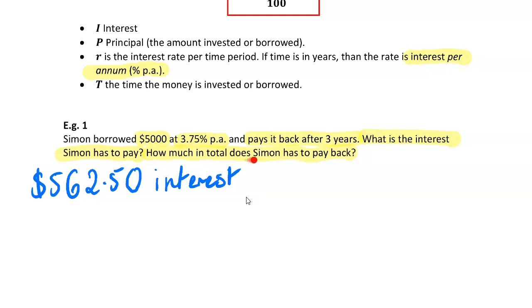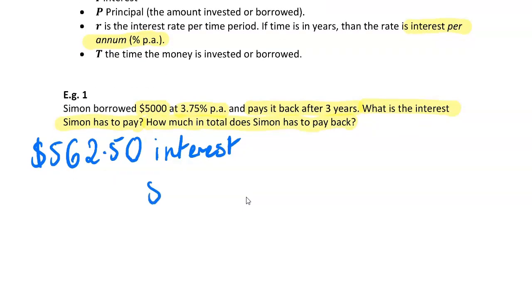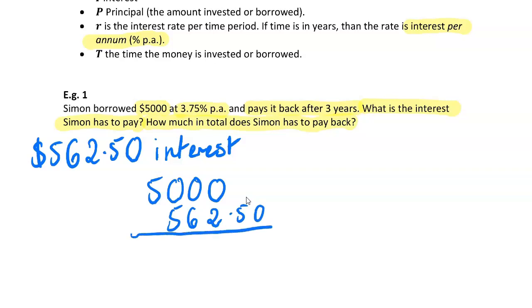So how much in total does Simon have to pay back? Well, he has to pay back the $5,000 he borrowed. He also has to pay the bank that $562.50.